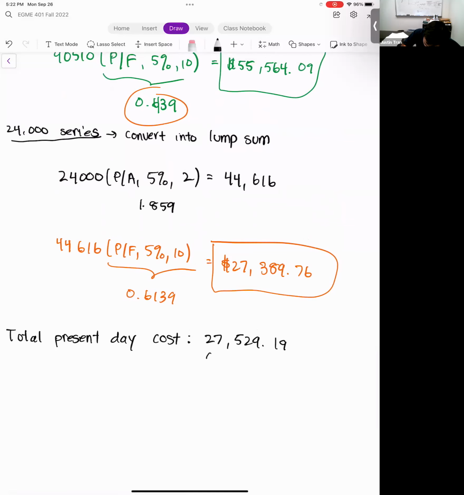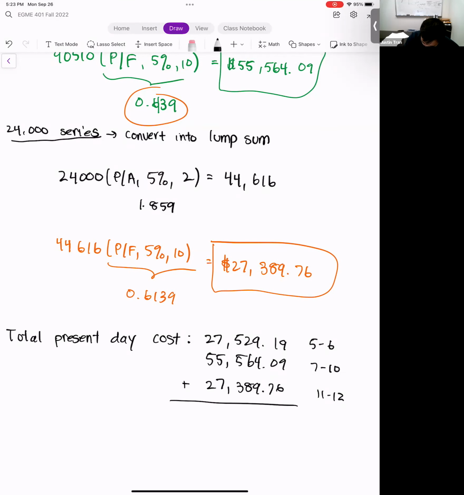Then we have 55,564.09, this is years 5 and 6, or excuse me, this is year 7 through 10. And finally, we have years 11 through 12, 27,389.76.